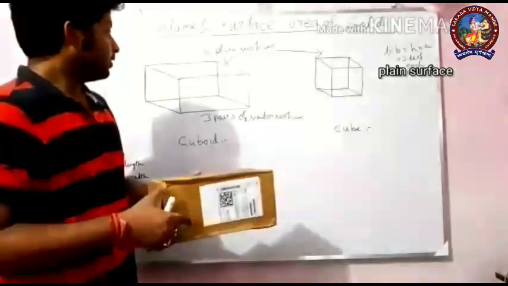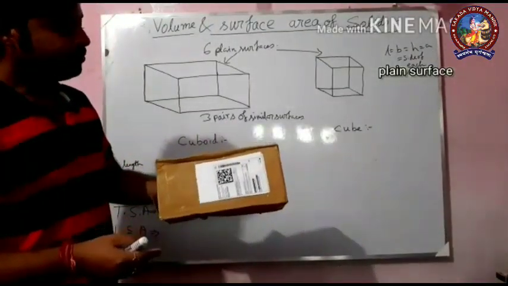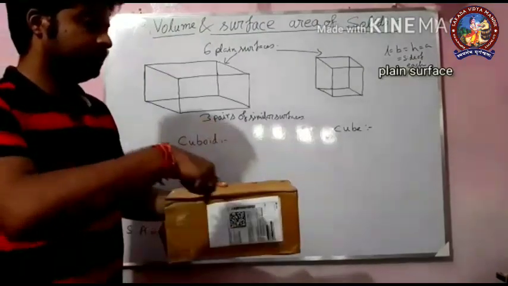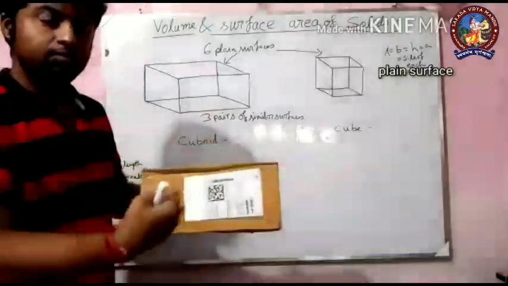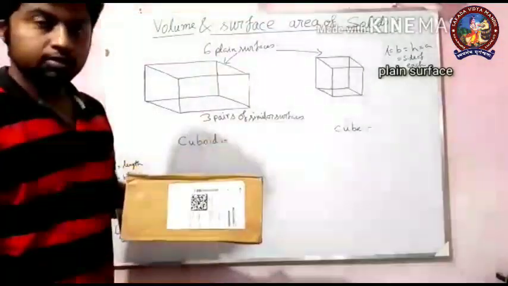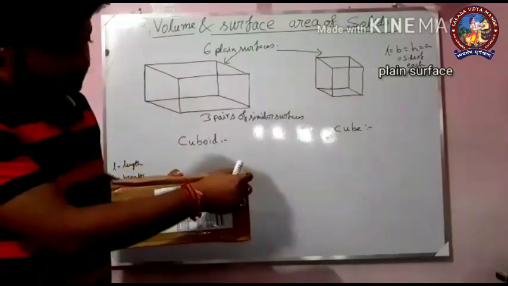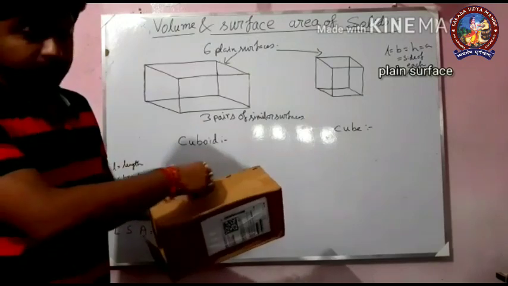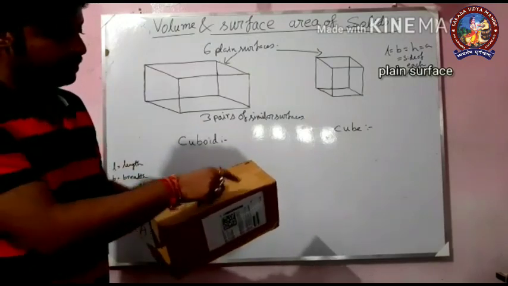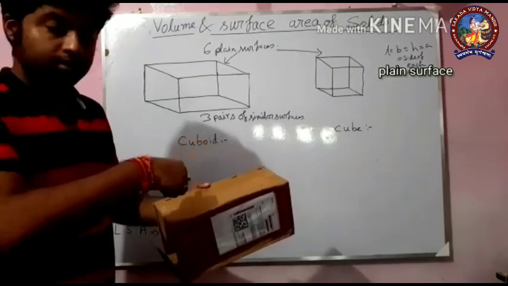Now suppose we have to calculate the total surface area of this cuboid. There are a total of 6 surfaces here. See here, this is the length, this is the breadth. For the top surface, if we multiply length into breadth, then we will get the area of this top surface.